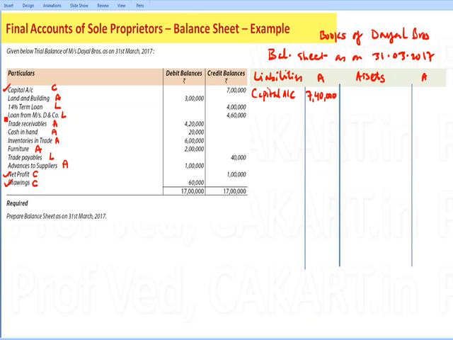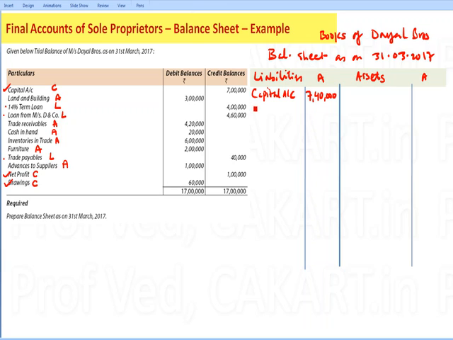Liabilities. So let us follow the same order. We will write long-term liabilities, 14% term loan. One is this liability, other is this liability, and third liability is trade payables. We'll write in the same order because trade payables is the only current liability here. Loan from D and Co may be a short-term liability, current liability, or long-term liability depending on when we have to pay back the loan.